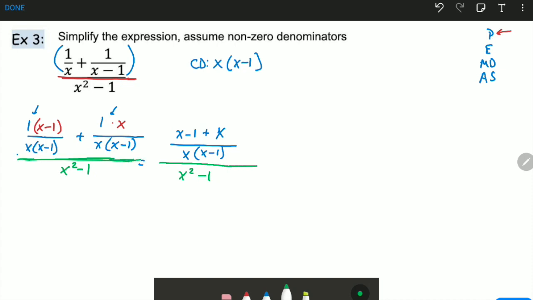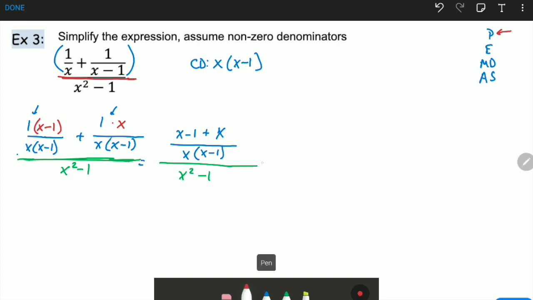You'll notice with that one, I'm trying to keep my fraction bars the correct length and everything. This way, whenever I do the keep, change, flips and multiply them by the reciprocals, I know which parts are being flipped and which parts stay the same. That is important and does affect the problem as you go through.